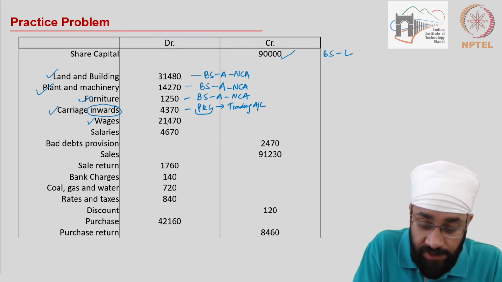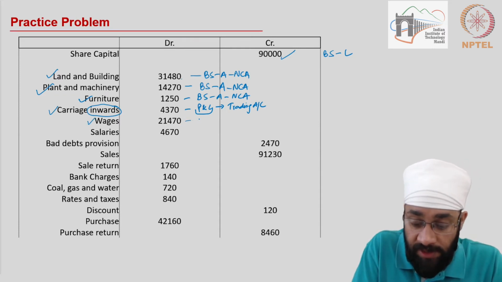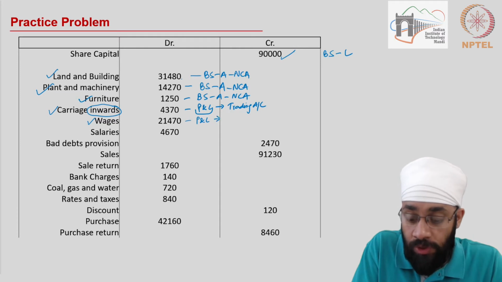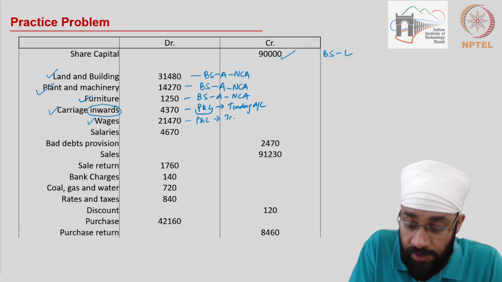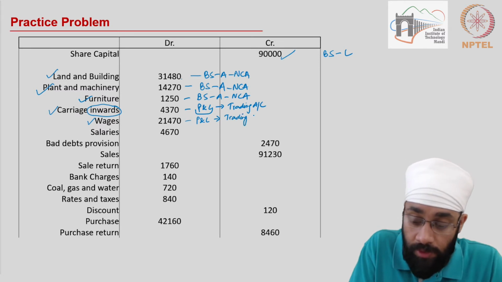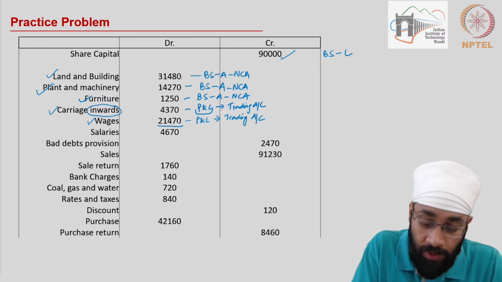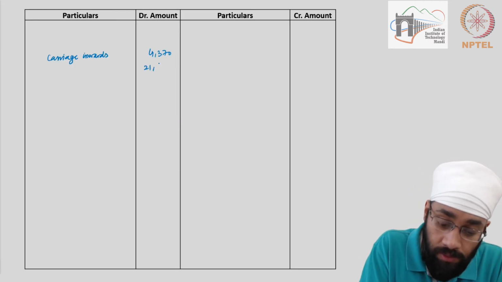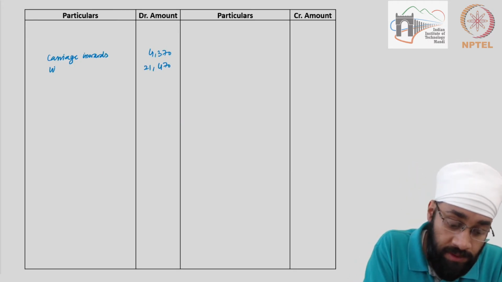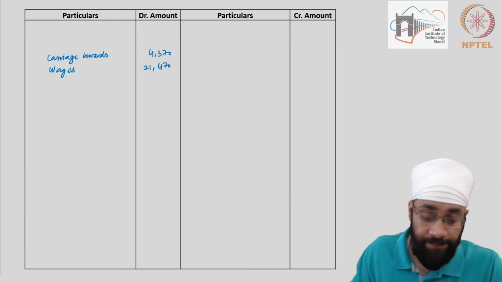Then you have wages 21,470. Wages, again we are going to assume the wages are being paid to the factory workers, daily wages. So this will also go to trading account. 21,470. These are wages.